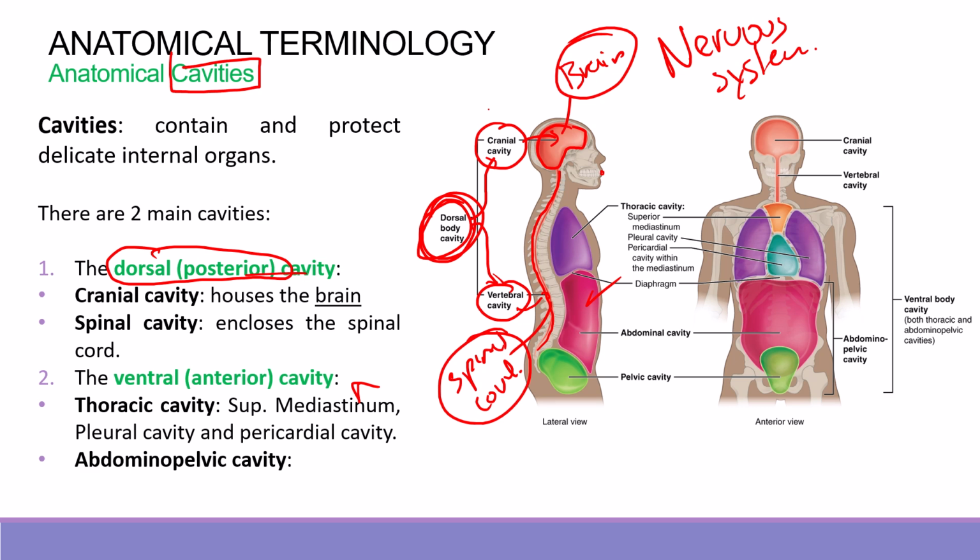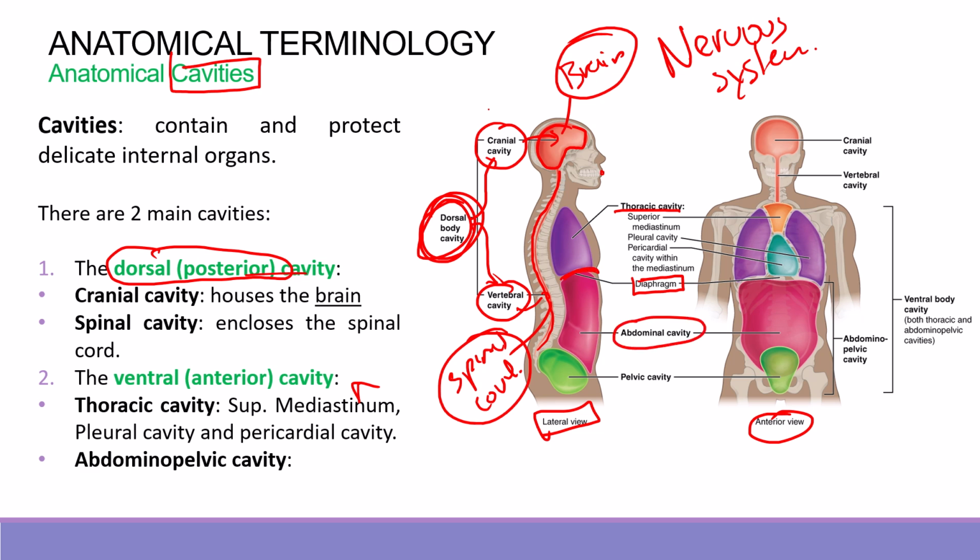Now let's look at the anterior cavities. To see these anterior cavities, you need to look at both views, lateral and anterior view. In the lateral view, it's important to notice that there is an anatomical structure, specifically a muscle, that helps us to differentiate between thoracic cavity and abdominal cavity. That muscle is the diaphragm.